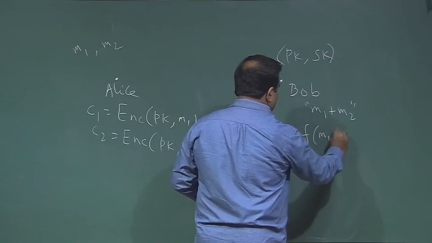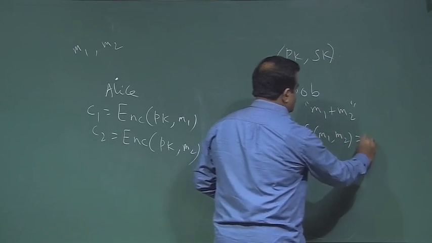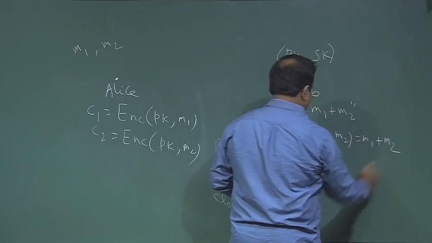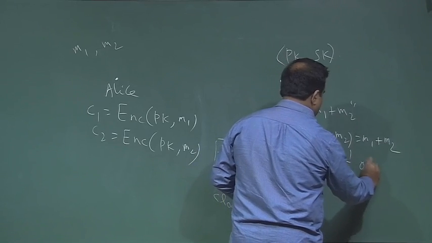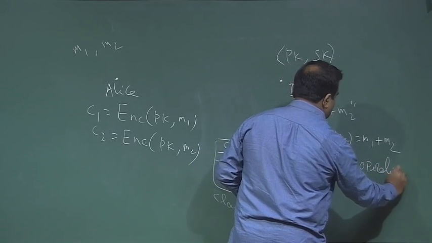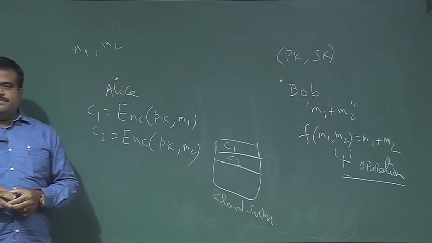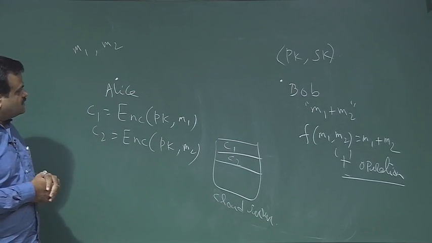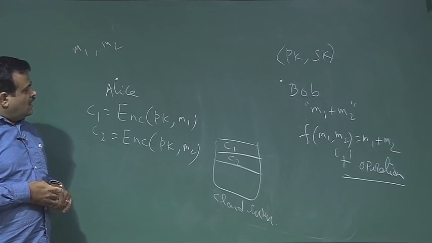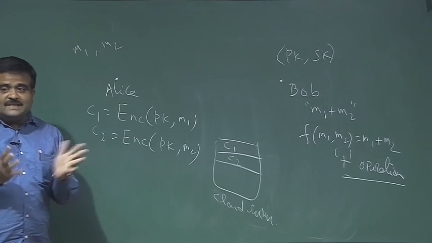F of M1, M2 is basically M1 plus M2, the plus operation. So Bob is looking for M1 plus M2.